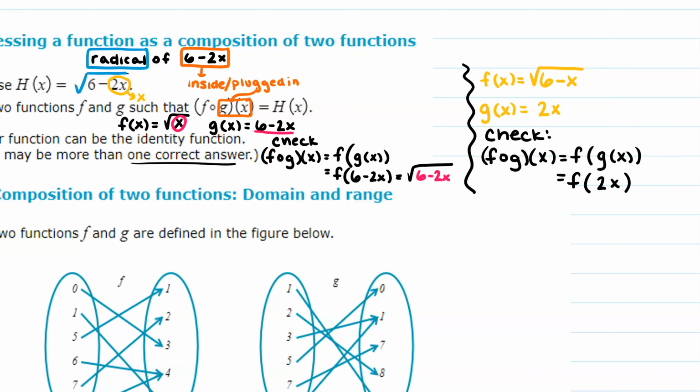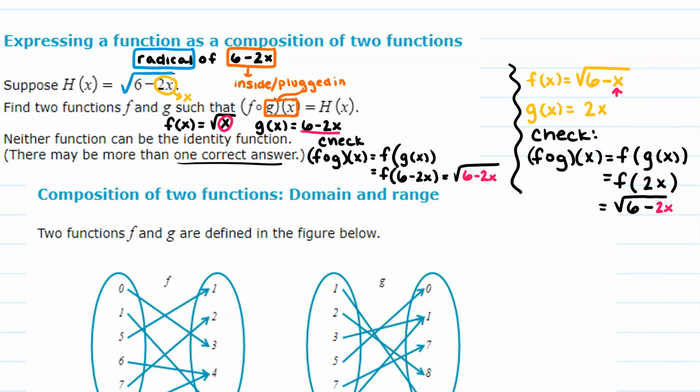Okay, so f of 2x means in the function called f, replace all your x's with 2x. So I have square root of 6 minus, and then I'm replacing that x with 2x. So that's another way that you could compose two functions to get this resulting function.